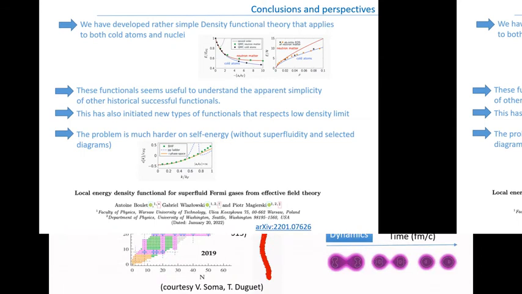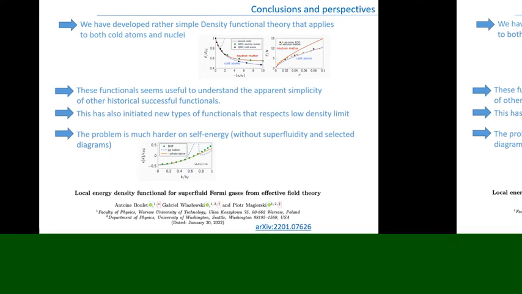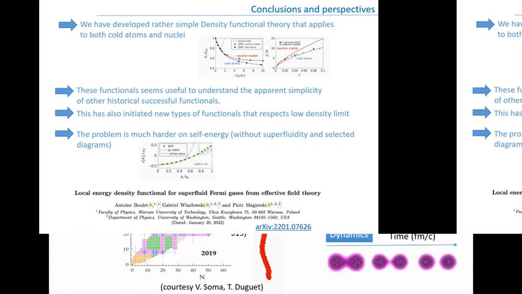So now I was happy to see that Antoine has developed his own research and incorporated superfluidity in the game of mapping a very complex system into a functional theory. He did it with a group from Warsaw. And voila, it's nice to see that things are evolving. Okay, thank you.